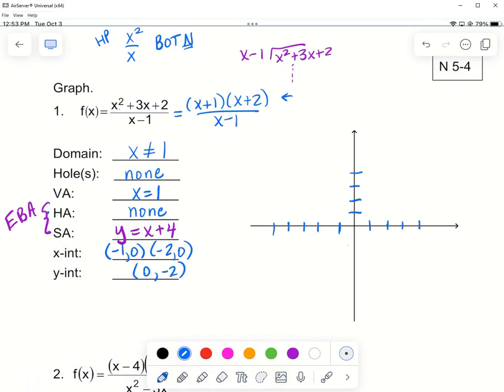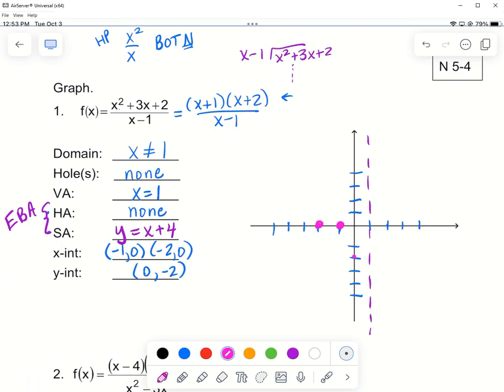So I'm going to put a few divots on here so you can see my stuff. What do we got? We got an asymptote at x equals 1, a vertical asymptote. We have x-intercepts at -1 and -2. We have a y-intercept of -2.